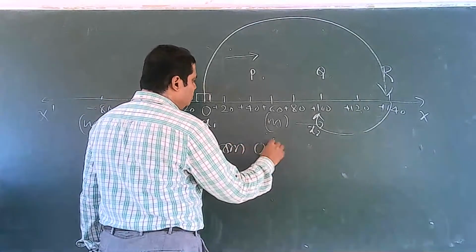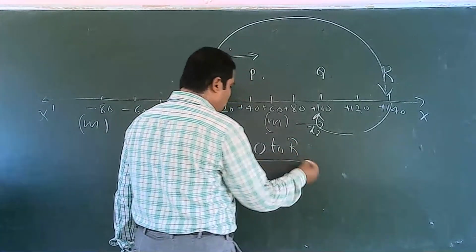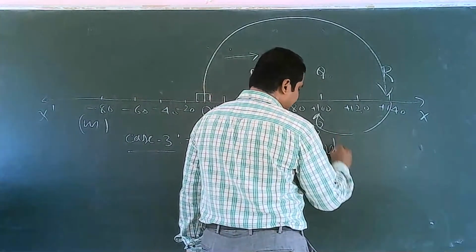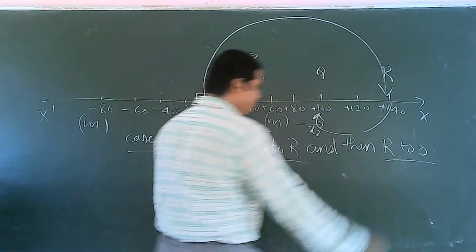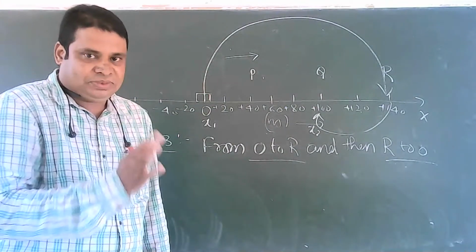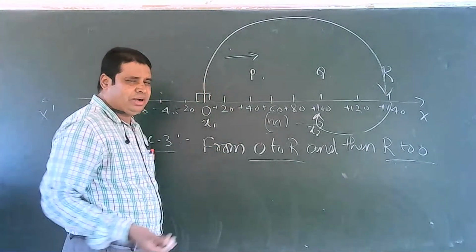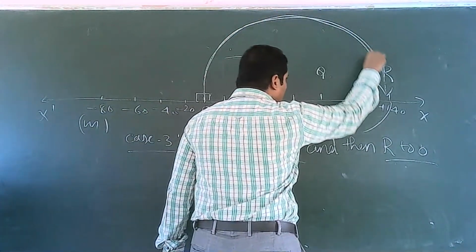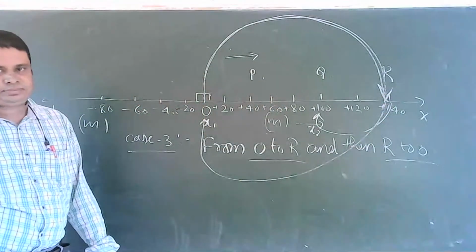From O to R, first interval, and then R to O, back to the pavilion. This object, maybe a bus or a car, is traveling from O to point R and then R to O.